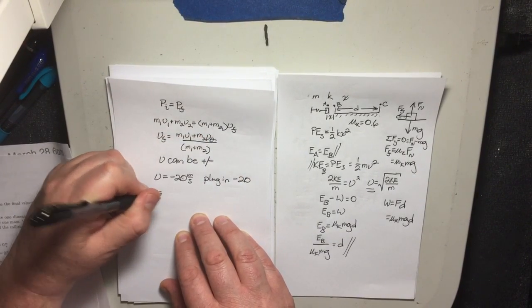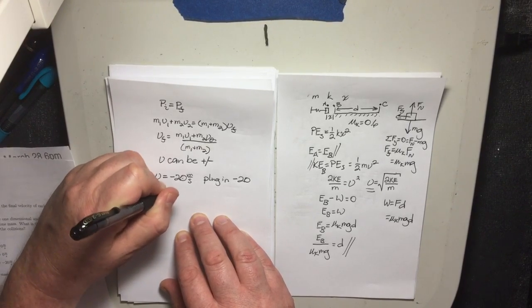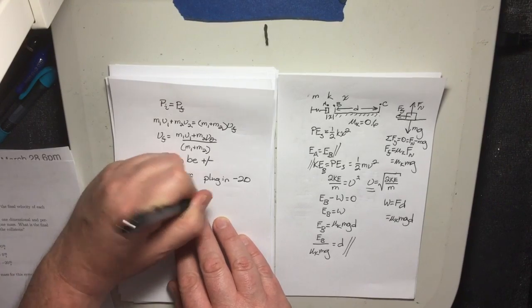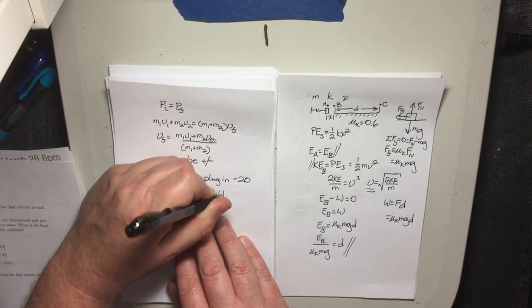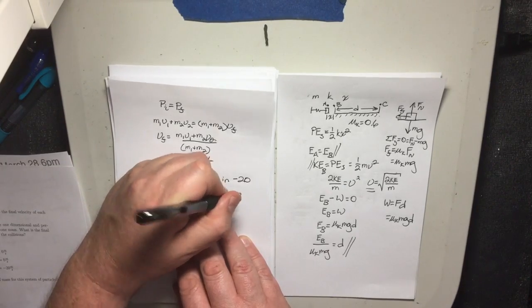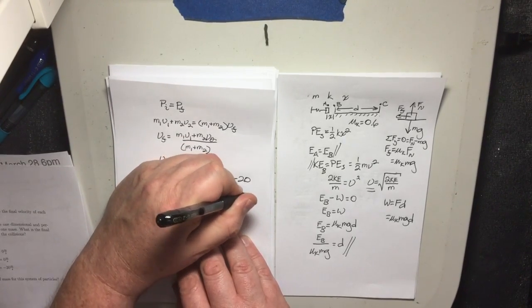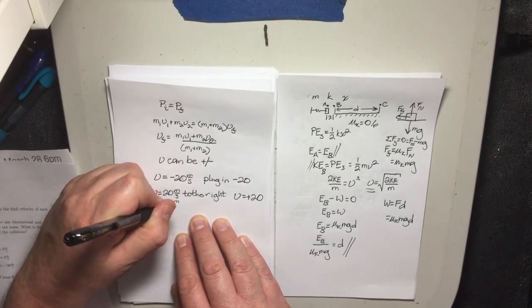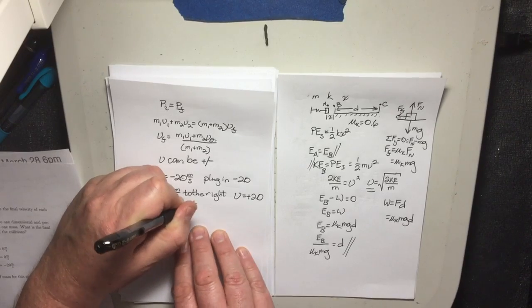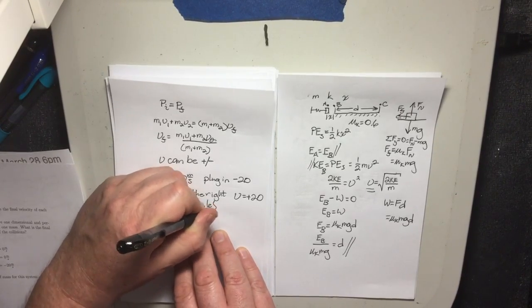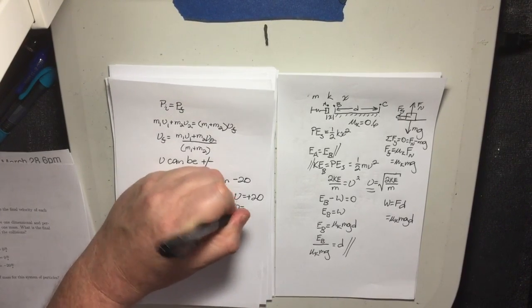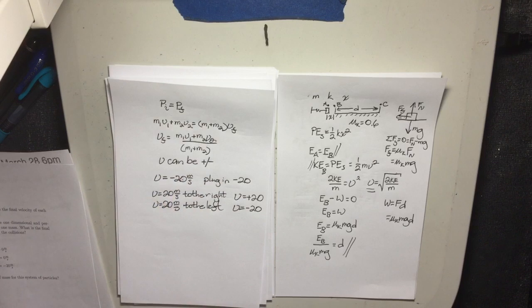If V is 20 meters per second to the right, then I'm playing with magnitudes, and the V that you plug in is positive 20. If I say V is 20 meters per second to the left, you know that the velocity is going to the left, and so the number that you plug in is negative 20. So velocity can be negative.